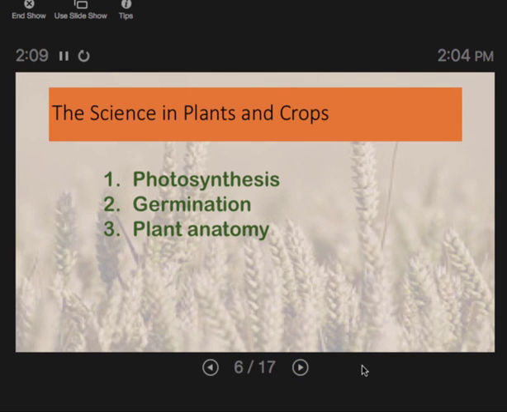So the areas I think that are really relevant in plants and crops is photosynthesis, germination, which I've got resources for, and we'll look at the plant anatomy of wheat, which is part of the cereal crops.